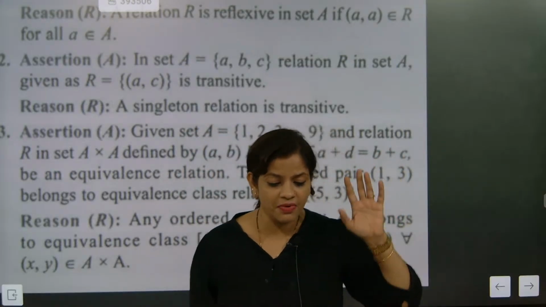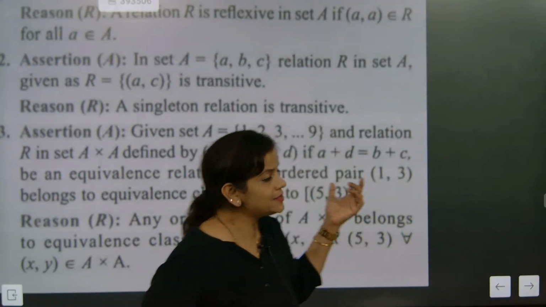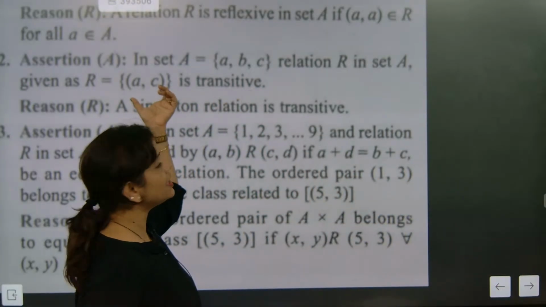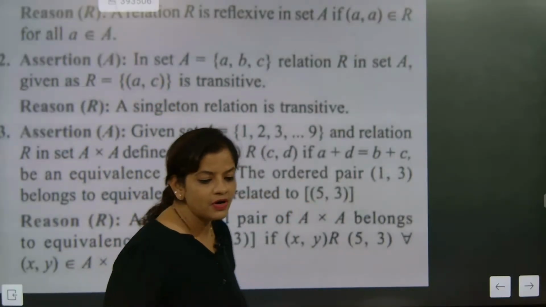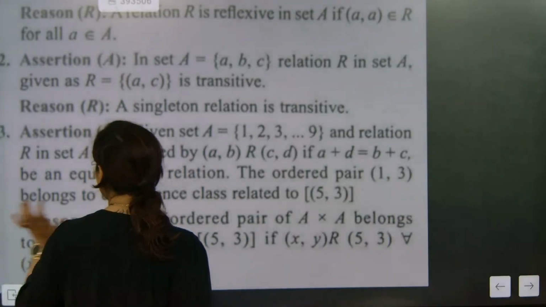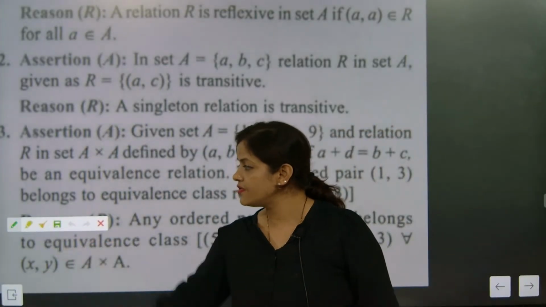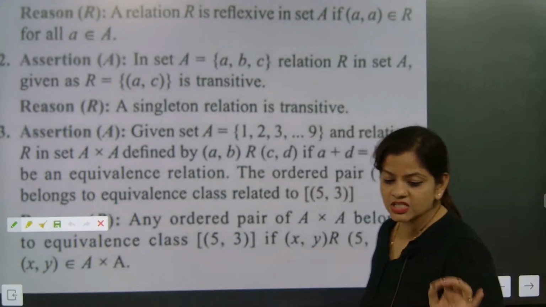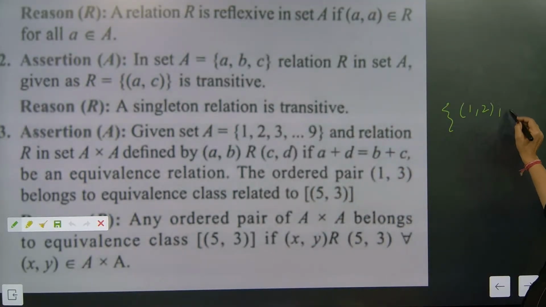I have discussed many things about transitive relations. Here you understand one thing. Here (a, c) is there, a single element, and whenever it is present it is transitive. Another example of a transitive relation: if (1,2) is there and (3,4) is there, is it transitive?